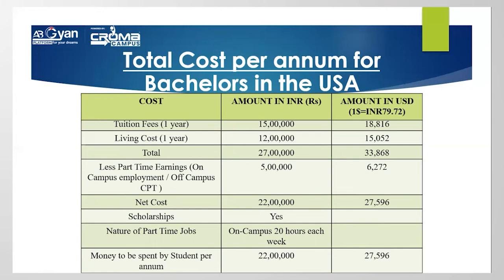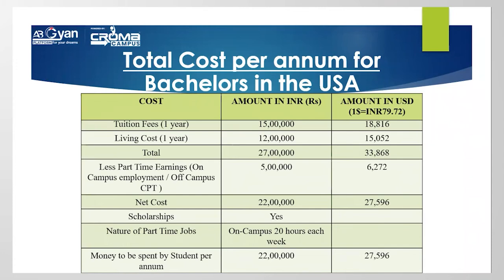If you're doing any part-time job there, which is CPT, we'll talk about this later in the next slides. If you're earning part-time there, then you can earn around 6 to 7,000 US dollars. Then the net cost will be about $27,600. There are chances that you'll get scholarships in the USA.